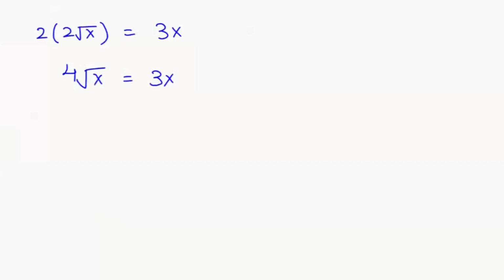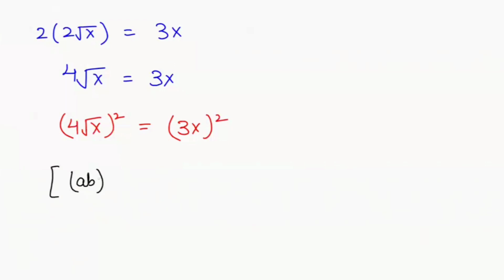Now here I will square both sides. (4 root of x) whole to the power of 2 is equal to (3x) whole to the power of 2. Now I am going to apply the exponential rule, that is, (a times b) whole to the power of m can be written as a to the power of m times b to the power of m. We're going to apply this exponential rule here.